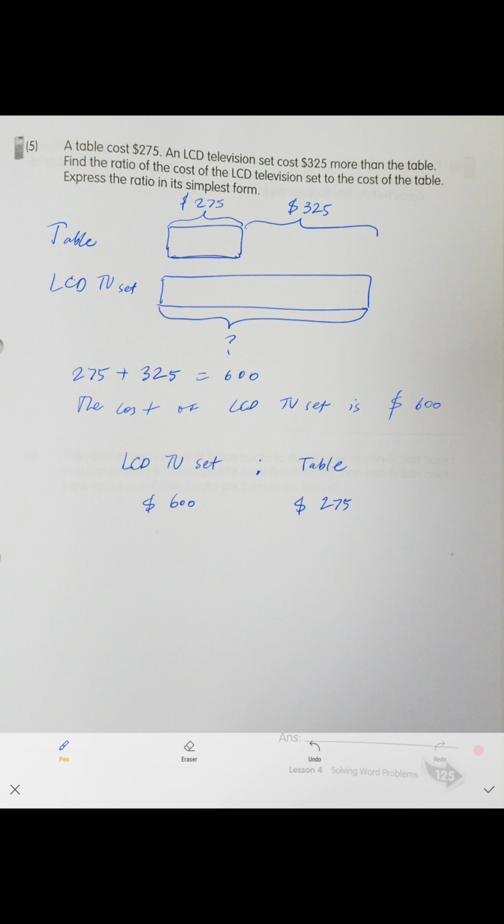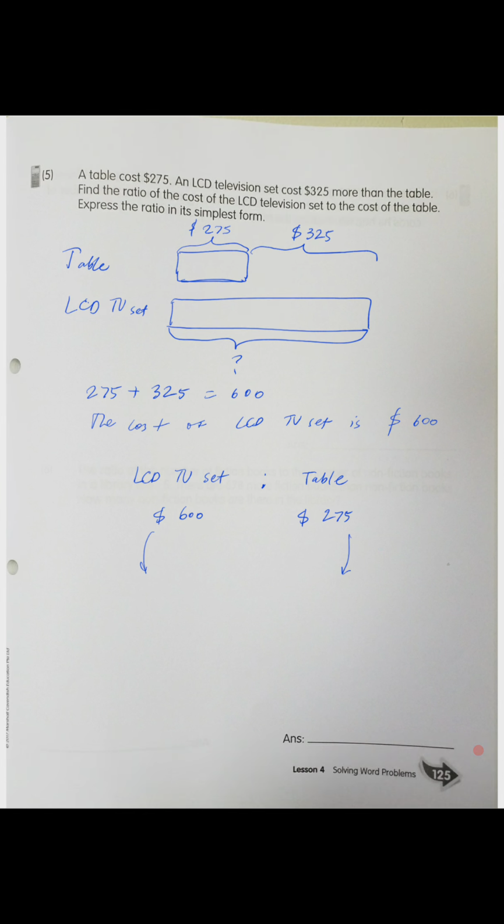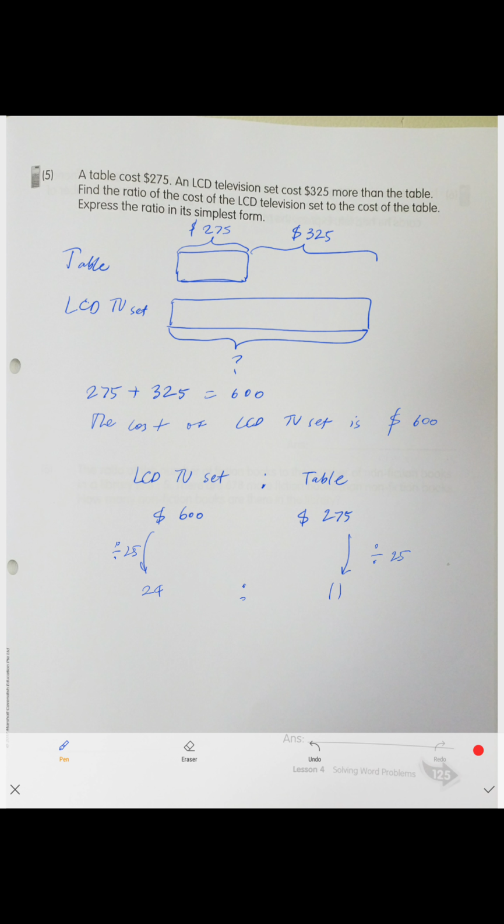And then we need to find the common factor. What can we divide both by? If you think about it, it's going to be 25. And if you divide both by 25, it's going to be 24 to 11. 24 to 11 is the ratio, right?